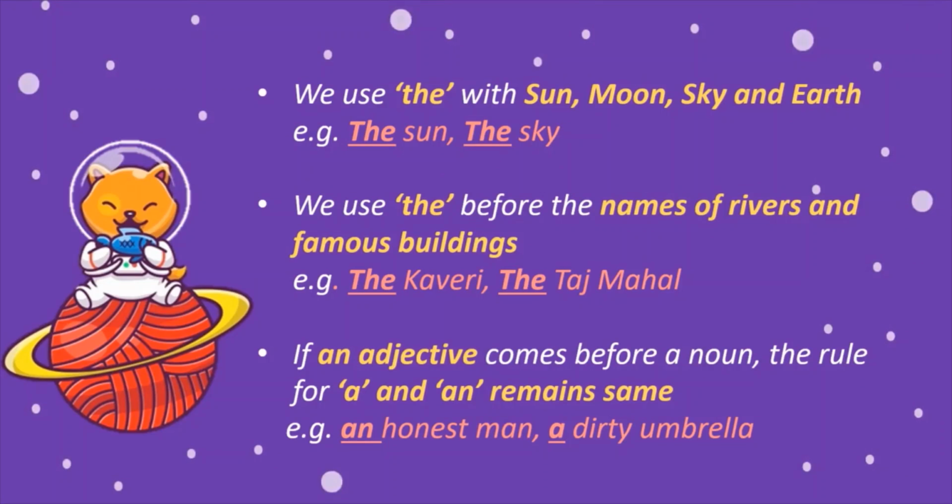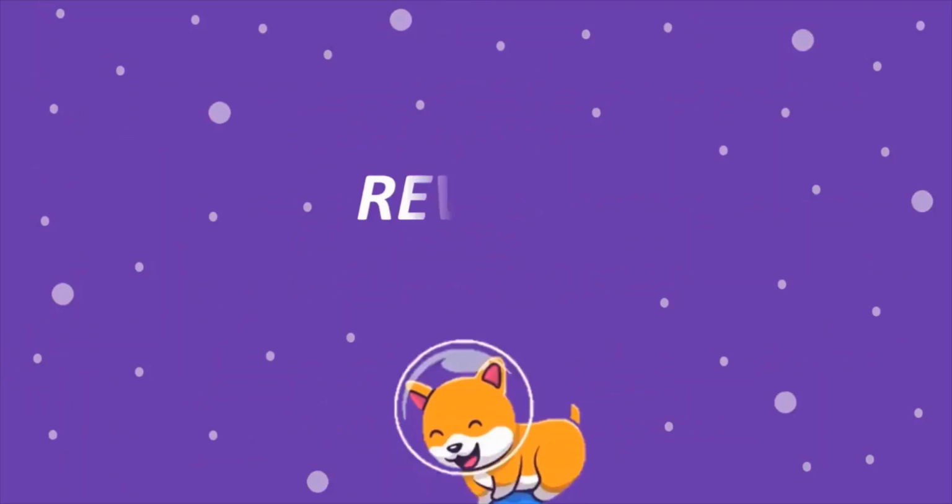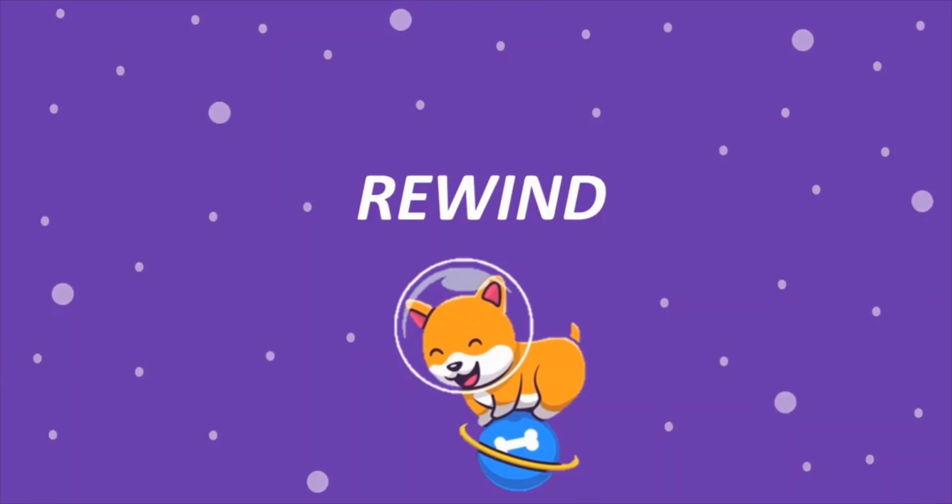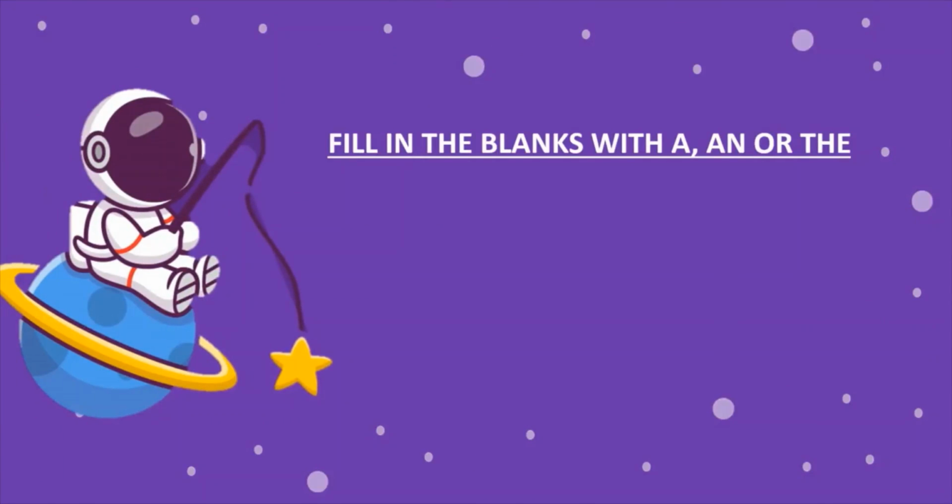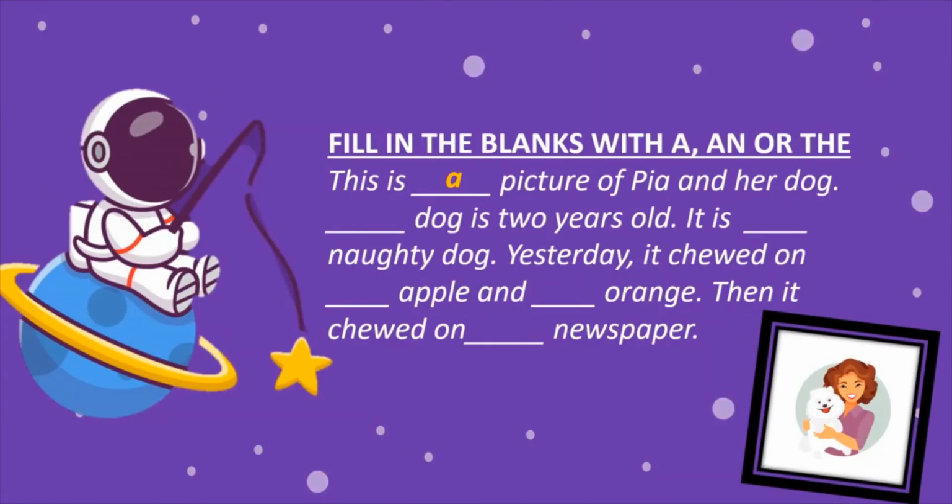Now we come to the rewind. This is an exercise where you have to fill in the blanks with a, an or the. This is a picture of Pia and her dog. The dog is 2 years old.